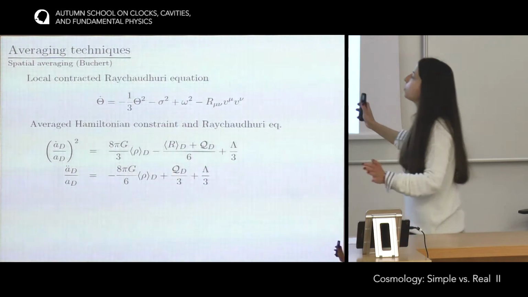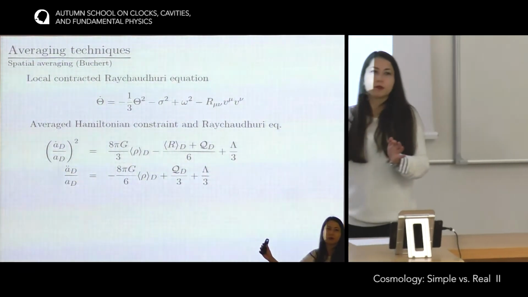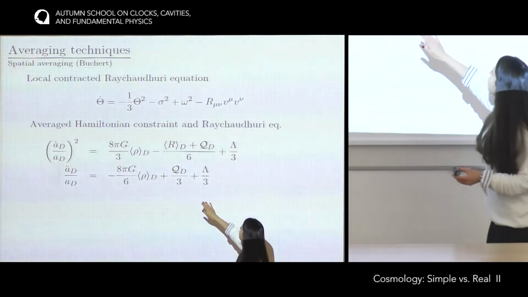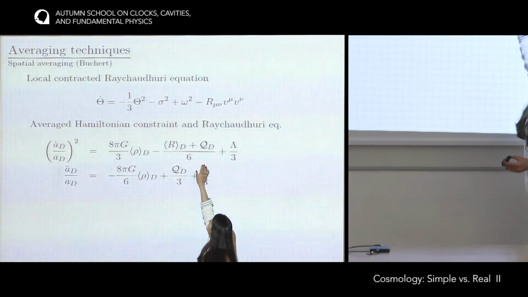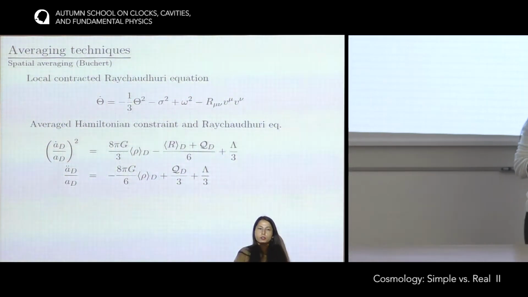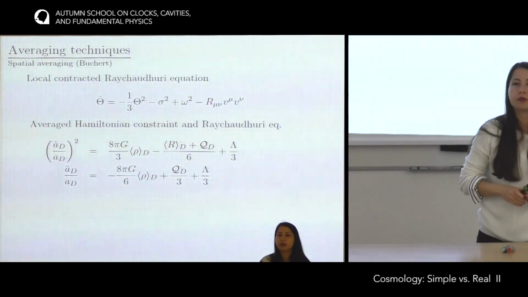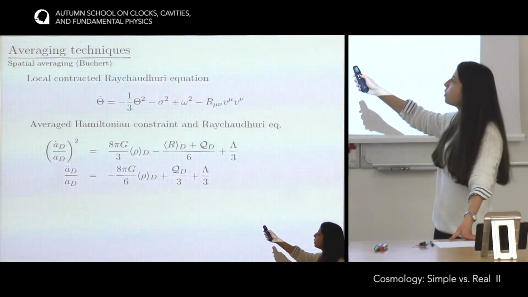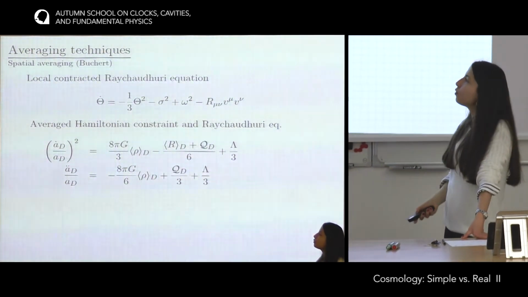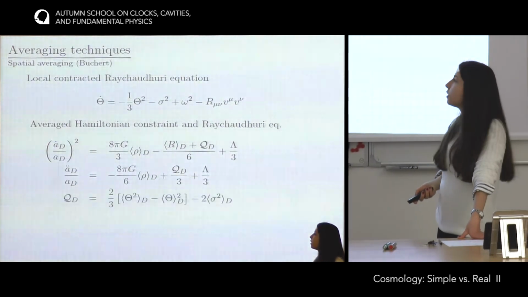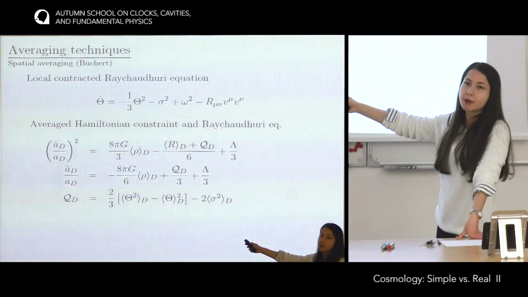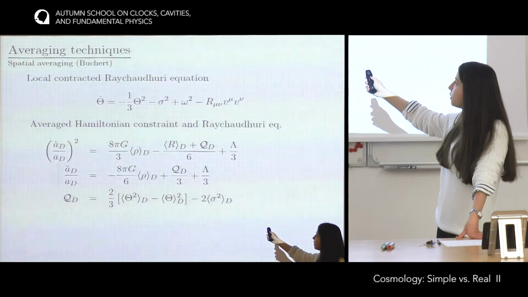I don't know if you remember the Einstein field equations of the FLRW metric that we talked about yesterday. If you turn off these Q terms here, you basically get a similar equation for the homogeneous and isotropic distribution. Those additional terms, the term Q, are called the back reaction, and it's given by the variance of the expansion and the shear.